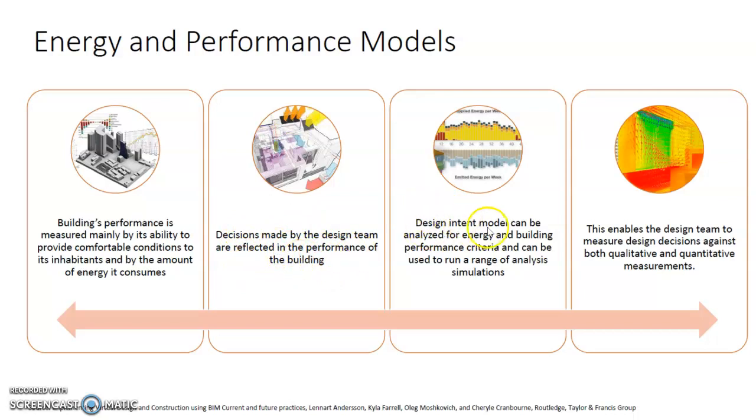And the design intent model can be analyzed for energy and building performance criteria and can be used to run a range of these analyses or simulations. So this enables the design team to measure the design decisions against both qualitative and quantitative measurement.